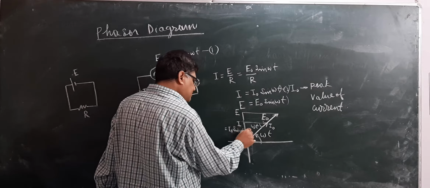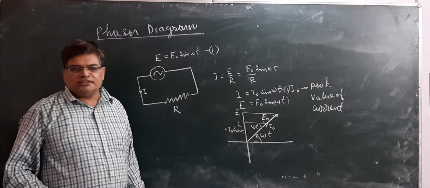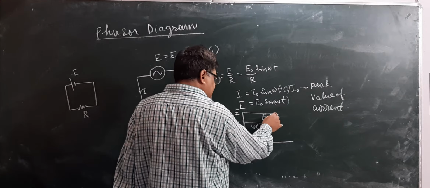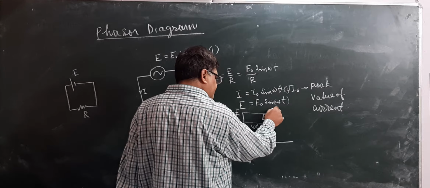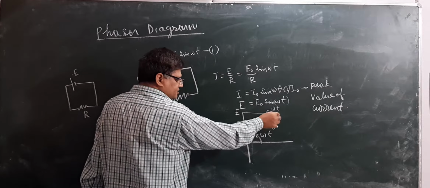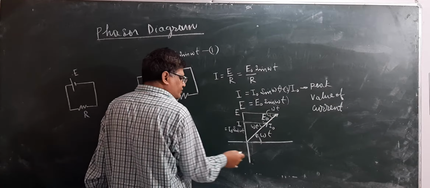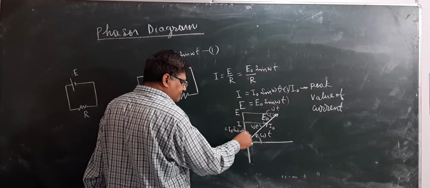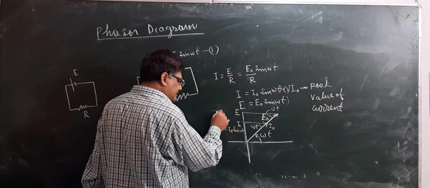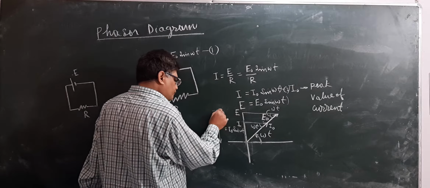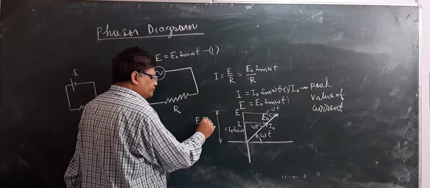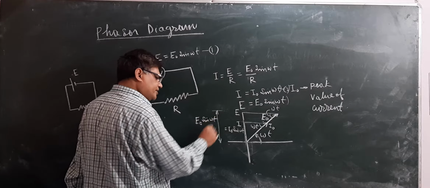So this will give you the instantaneous value of the current. Similarly, this angle is omega t, this angle also will be equal to omega t. This length is E naught and this is a right angle triangle. That is why you can say that this side will be E naught sine omega t.